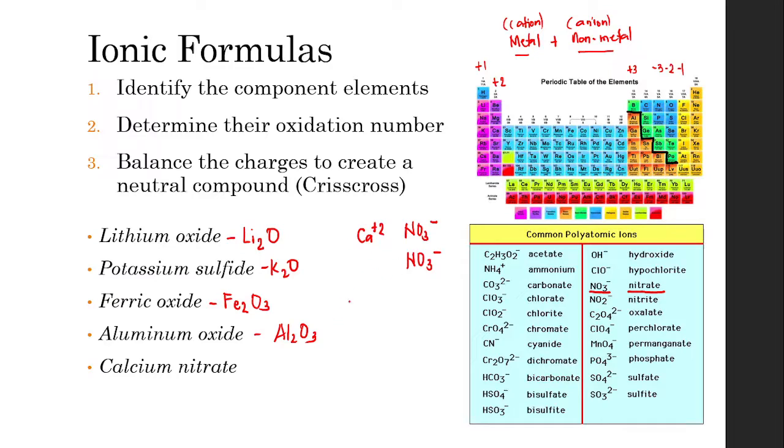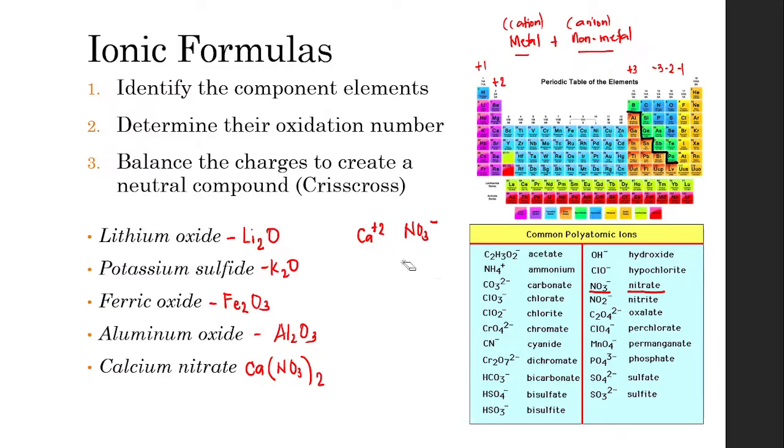So how are we going to write this? We write Ca, and then we need a parenthesis for our NO3, and add a subscript 2, which tells us we have 2 NO3, which means we have 2 polyatomic ions.